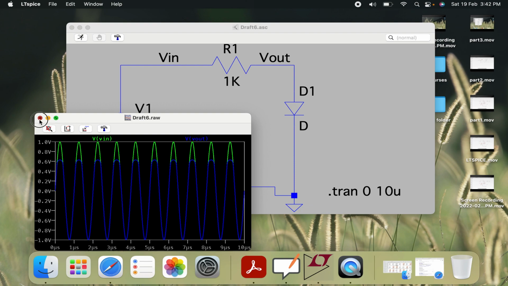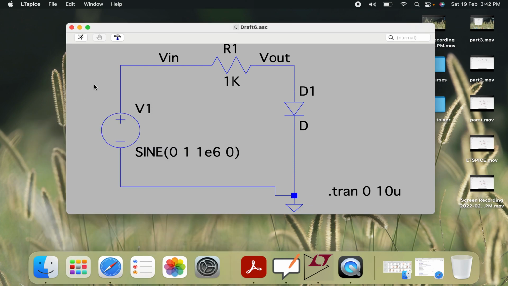But understand one thing over here, that this circuit and all the simulations are happening not only with this graphical view. At the back end, this understands some sort of mathematical equations or circuit equations, like V equal to IR. Diode will have its own equation. So all the models are available with the simulator.